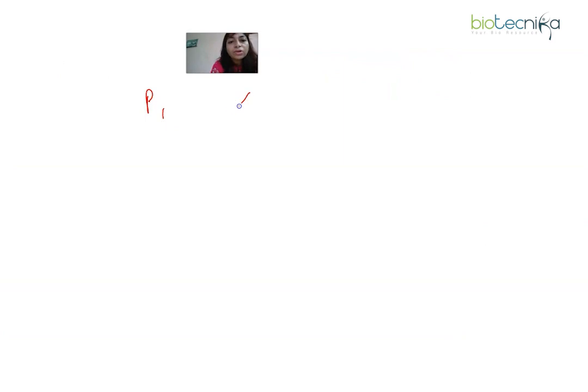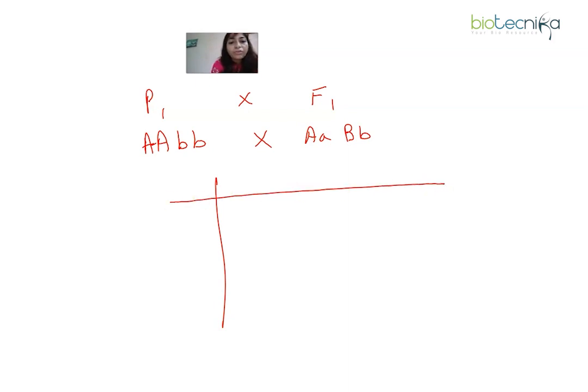Now, when we cross this individual and this individual, what will we get? P1 is crossed with F1. P1 was capital A, small b, crossed with a double heterozygote. You can make the Punnett square very easily. This individual will form only one type of gamete, capital A, small b.